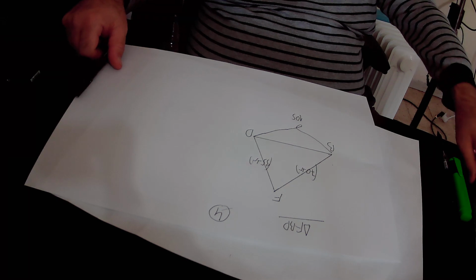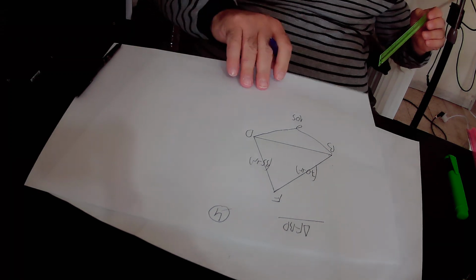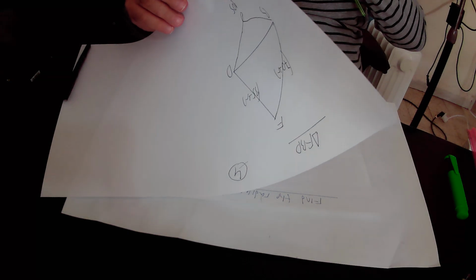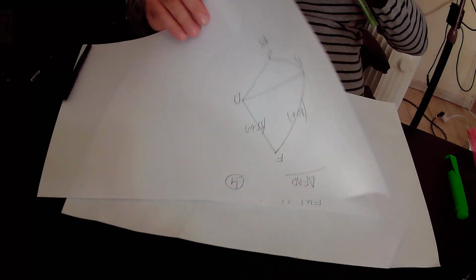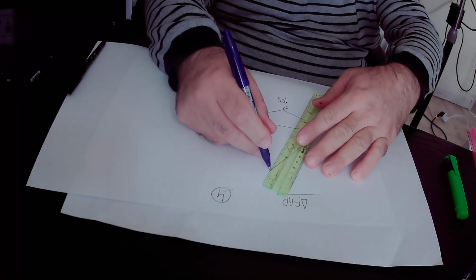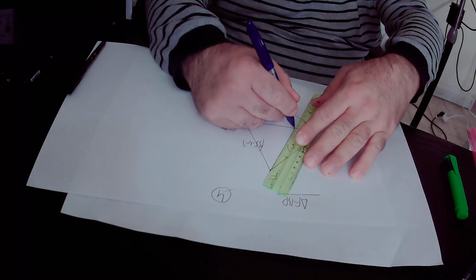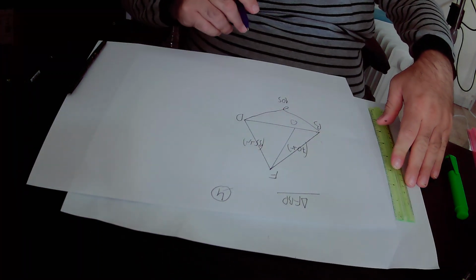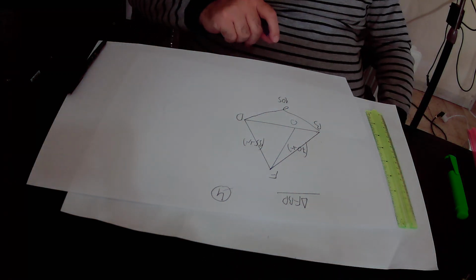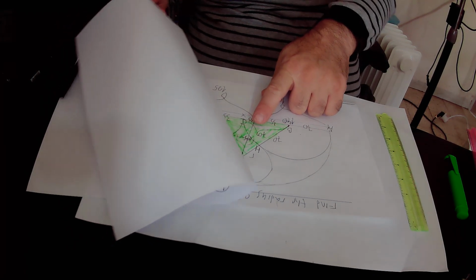Here we have also line segment FO. We have already found out that the length of this line segment FO is equal to 105 minus r units.